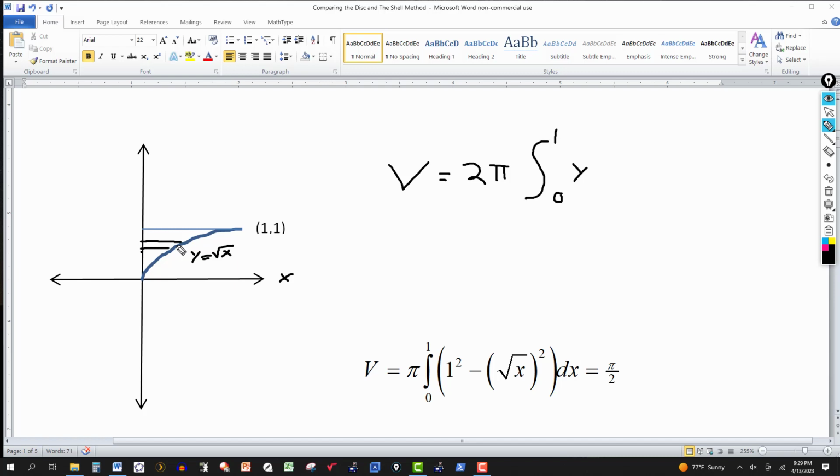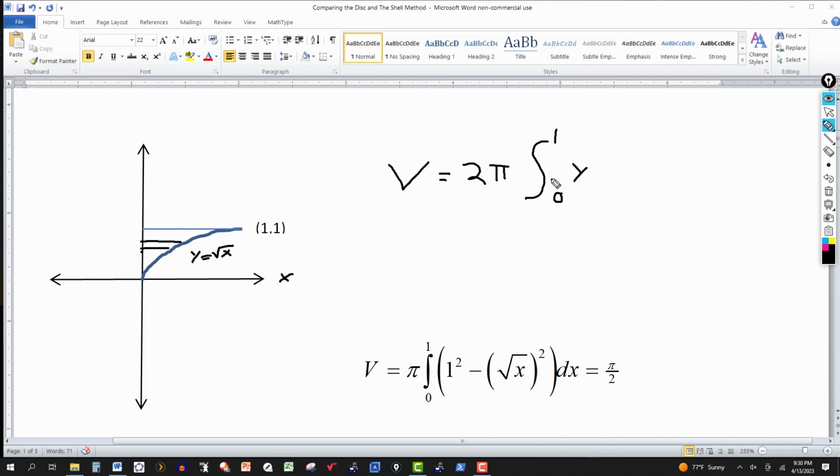And then we need the length of this strip. It's going to be this distance minus this distance, from here to here. Well, that's x. The distance from the y-axis to the curve is x.